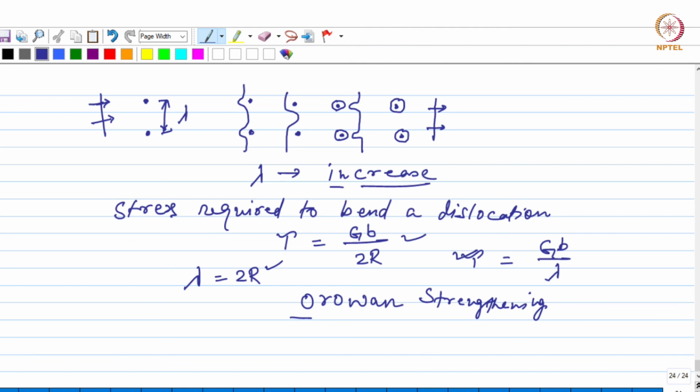But in this stage, the precipitates also grow in size, and interparticle distance lambda increases, and therefore the stress needed to move the dislocations decreases, because that particular stress is inversely proportional to lambda, and therefore the hardness comes down.